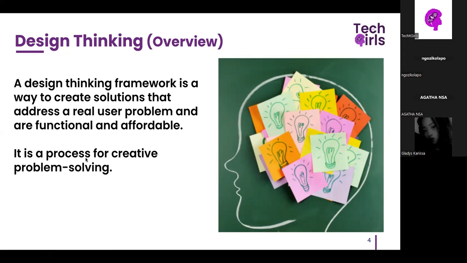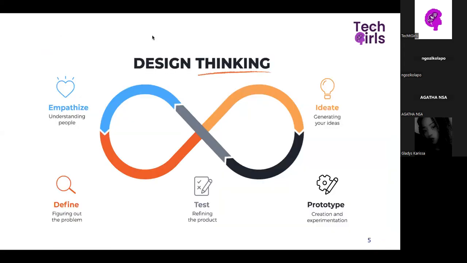So it is a process for creative problem solving. Does anyone want to speak? It's a process of creative problem solving. So we are going to be looking at the design thinking process. The first one is the empathize stage. The second one is the define stage.